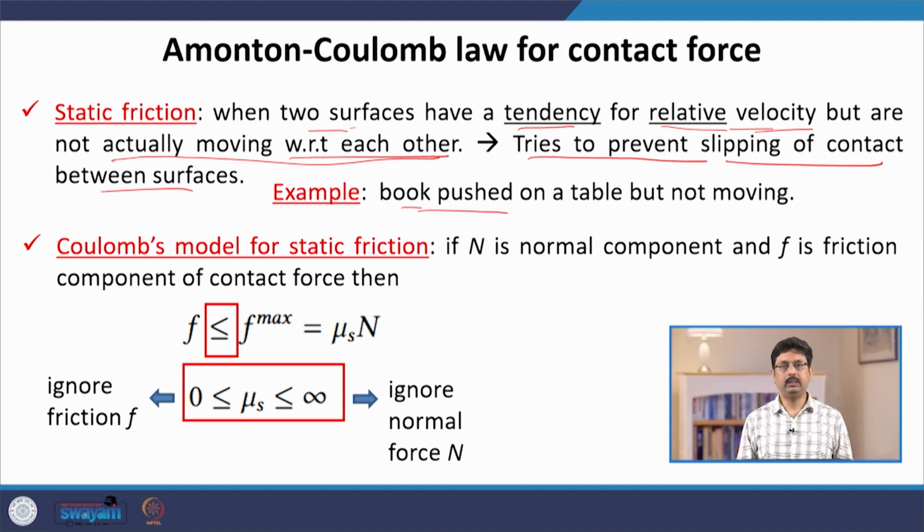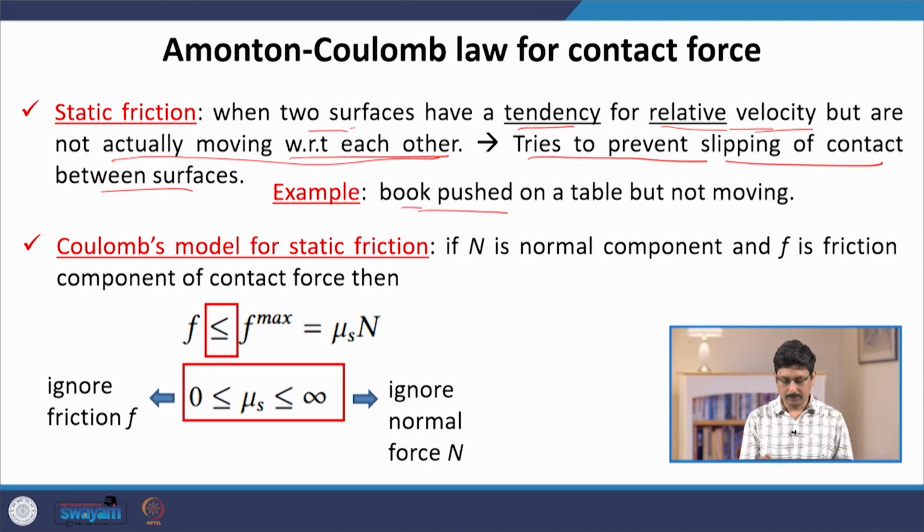Now, we come to the very important question: how do we describe how much the friction is? Here, what you already know, introduced in your high school course, is something called Coulomb's law for friction, or more precisely, the Amonton-Coulomb law for contact force or friction.